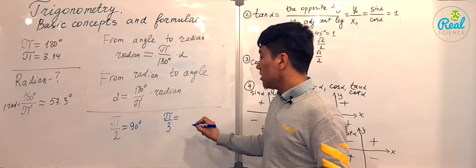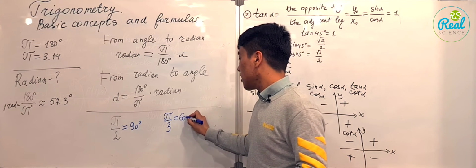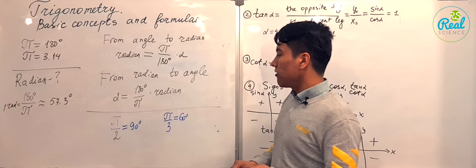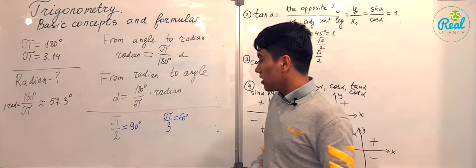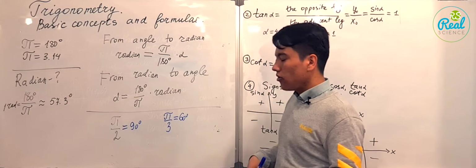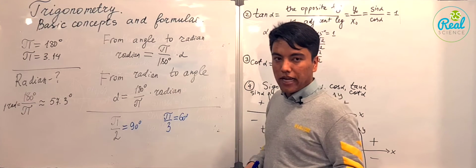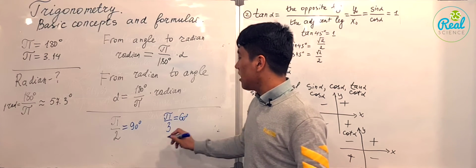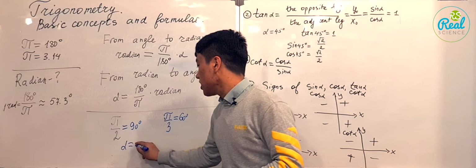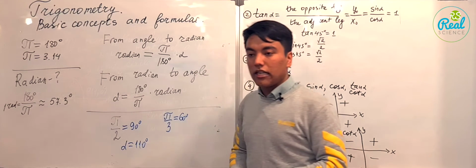It's 60. Yeah? You are finding this instead of putting pi as 180. But what about converting an angle to radian? Let's say alpha is 110, and we must find it in radian.